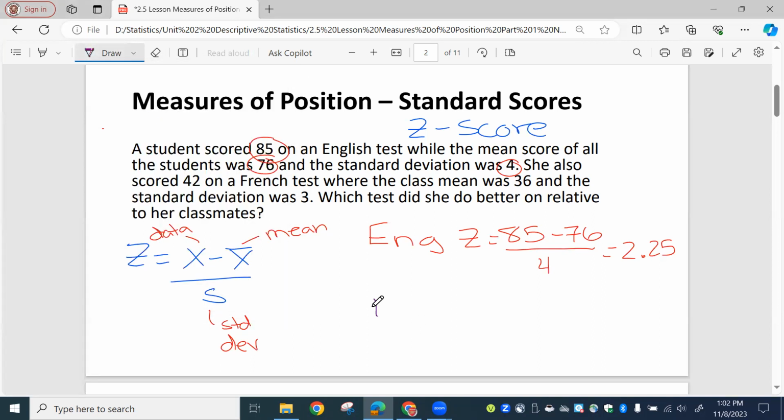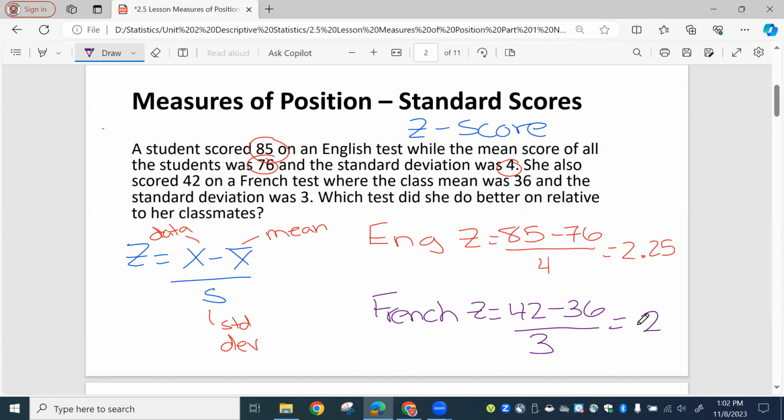We can look at their French score. They scored a 42. The average was a 36. So we know it's going to be a positive value. They scored higher than the average. Standard deviation of 3. And we get a value of 2.